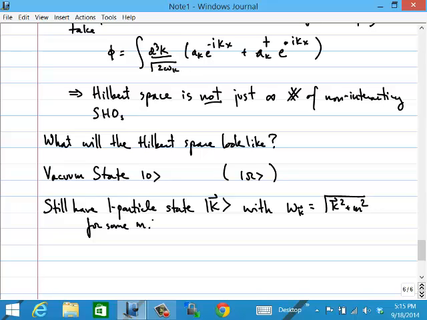The reason being that the expression omega squared is k squared plus m squared is really just special relativity. There's no assumption about what sort of interactions you might or might not have in the field theory. That's just the relationship between energy and momentum in special relativity.